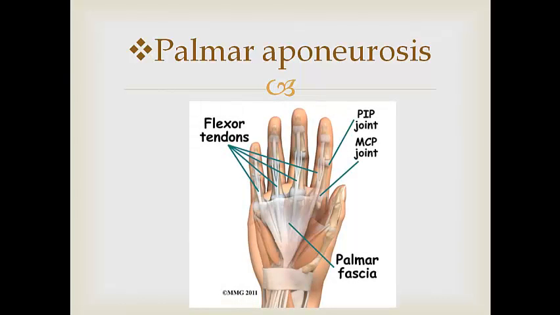Okay, if you're dissecting the hand, and specifically the palm, once you remove the skin and whatever underlying tissue there is, you're going to find that in the center of the palm there is a thickening of fascia that is triangular in shape, and this triangle is usually inverted, such that the base of the triangle is closer to the fingers and the apex of the triangle is down here at the wrist. Now this strengthened fascia is called the palmar fascia or the palmar aponeurosis.